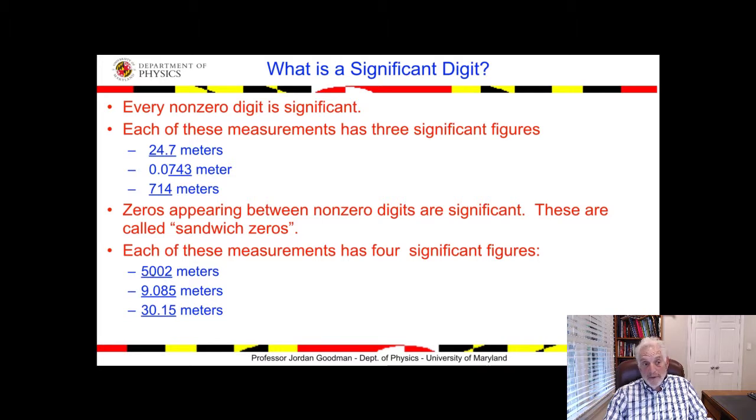So we have 5, 002, and all of those are significant. Same with the next number, 9.05085 meters, there are four significant digits, and the same with the number below it, 30.15 meters. All of these digits are significant because the zeros are sandwiched between non-zero numbers.